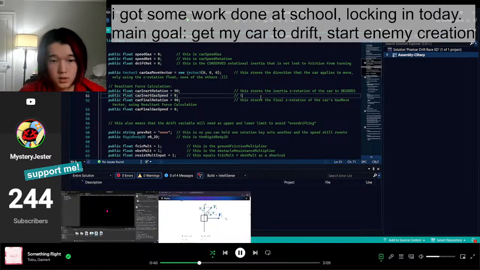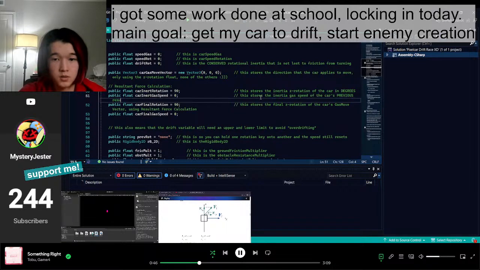So slash this stores the inertia gas speed of the car's previous resultant force. This one's gonna store the inertia of the car in degrees.